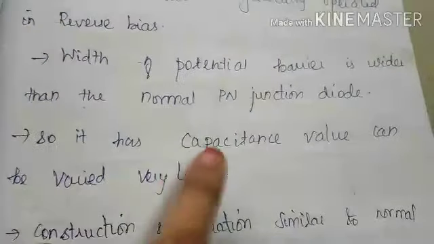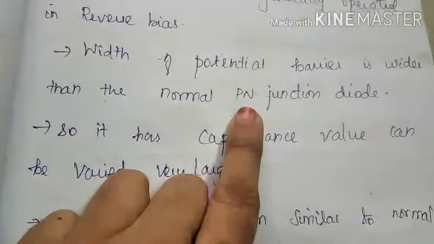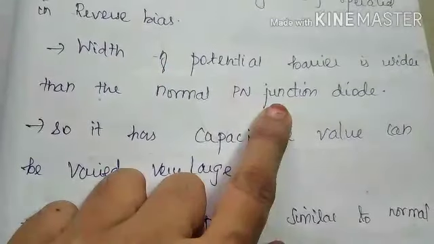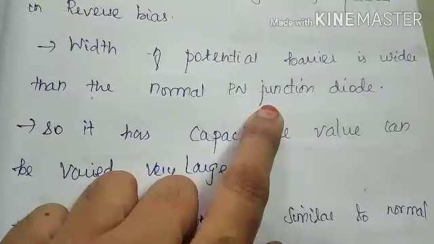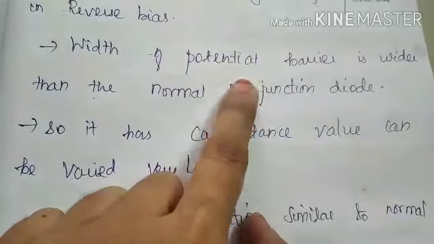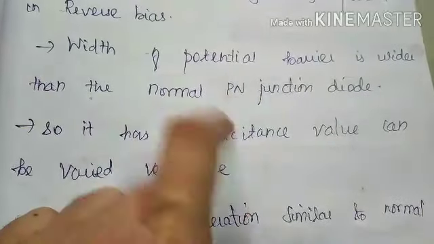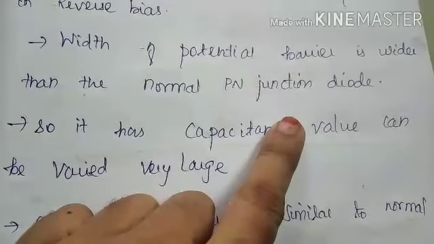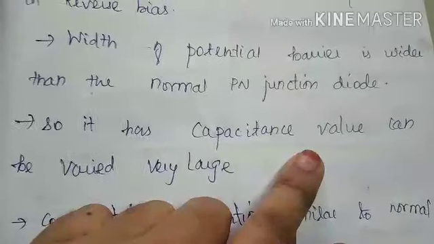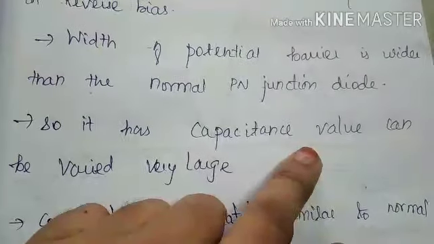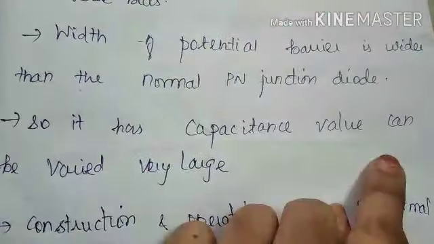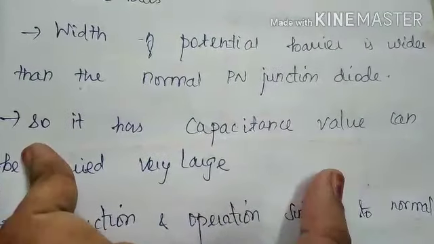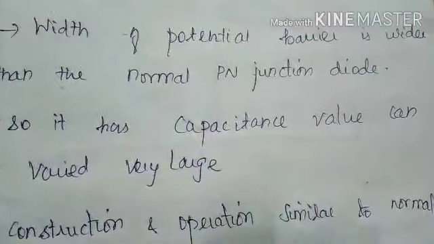Why are we comparing with the normal PN junction diode? Because the normal PN junction is also a lightly doped diode, but the width of the potential barrier in this varactor diode is wider when compared to the normal PN junction diode. So its capacitance value can be varied over a very large range.